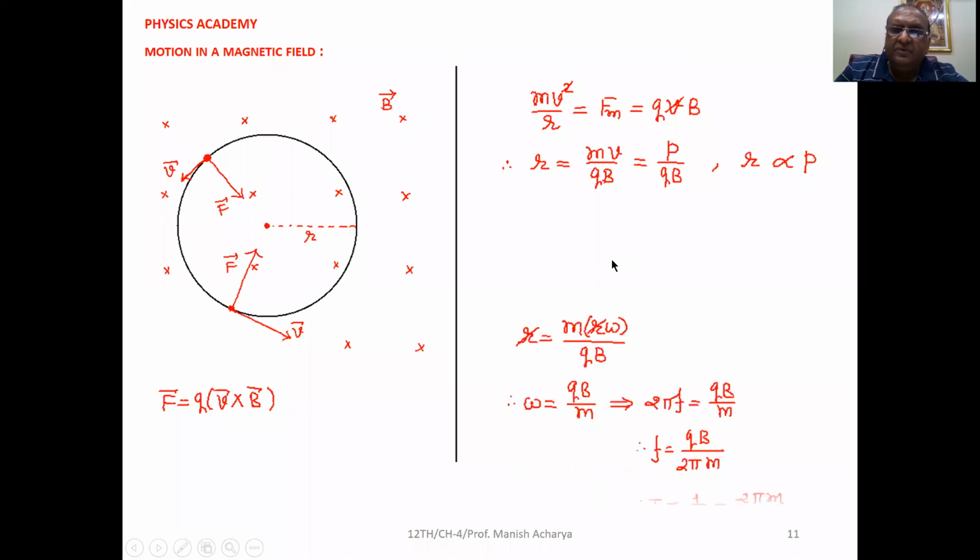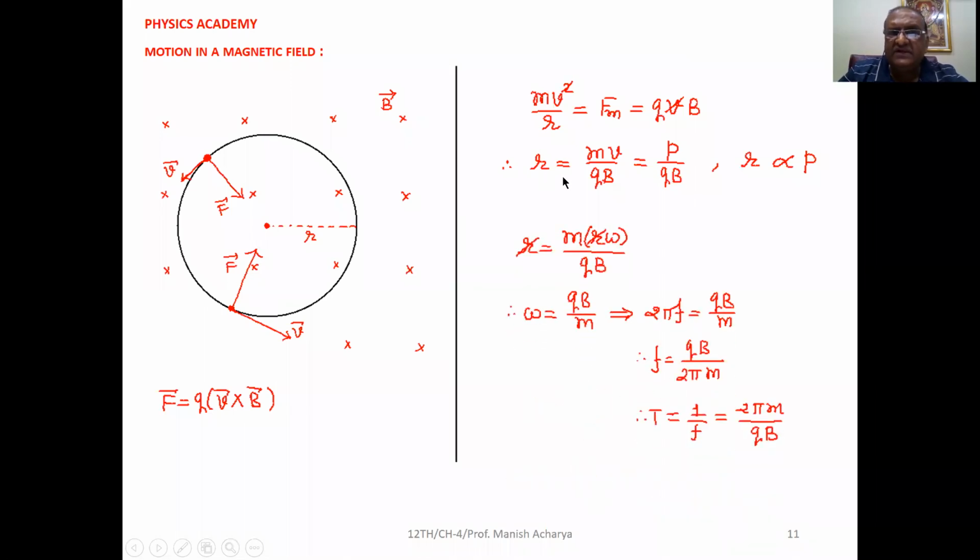Now, in this equation of the radius of its circular path, r equals mv upon qB, replace v by r omega, where omega is its angular frequency. So we can write r equals m into r omega upon qB. So omega is qB upon m.